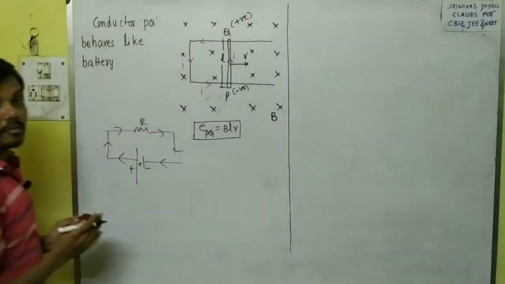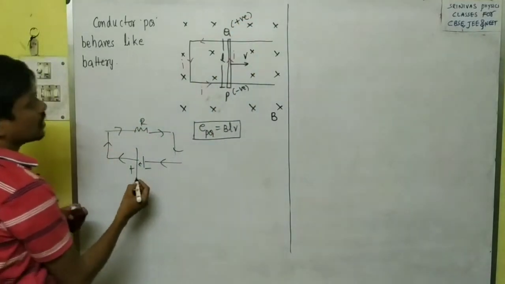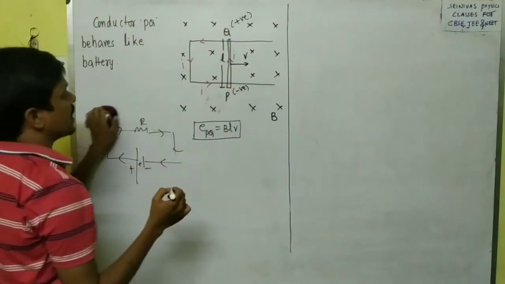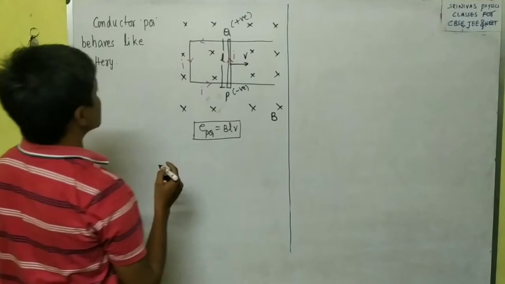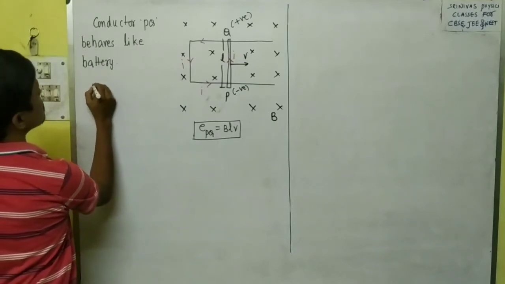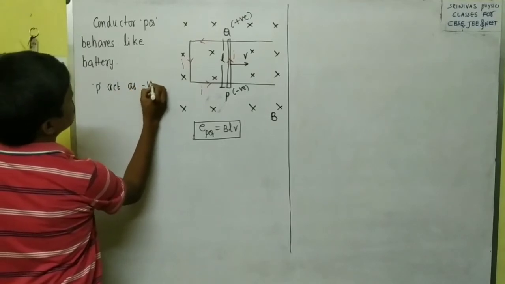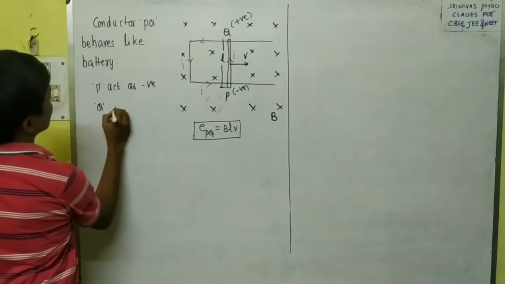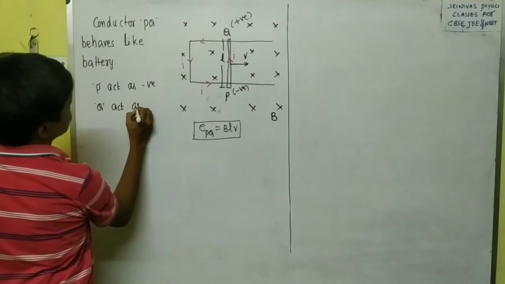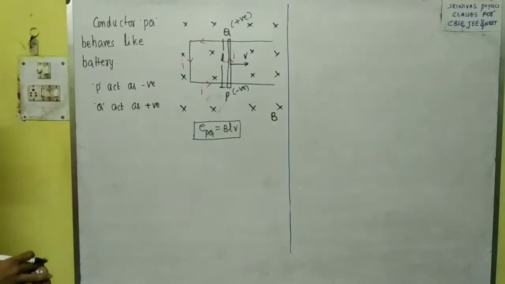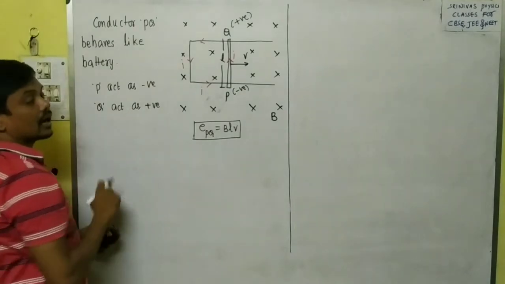Remember that. Why? PQ behaves like a battery, and current in batteries flows from negative to positive. That's why P acts as negative and Q acts as positive. P is at low potential and Q is at high potential.